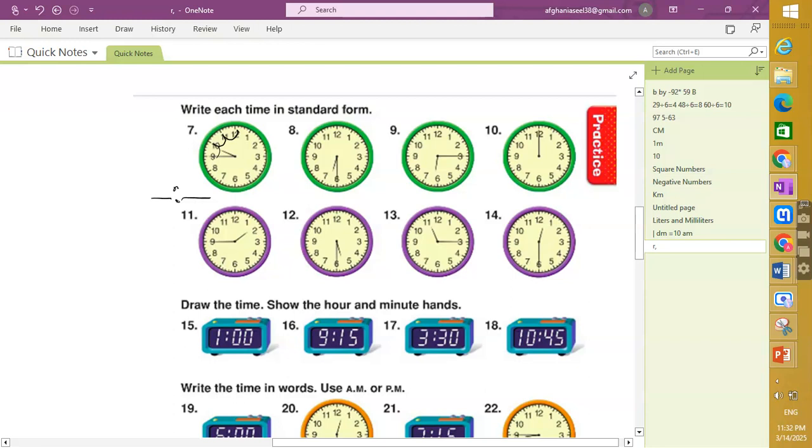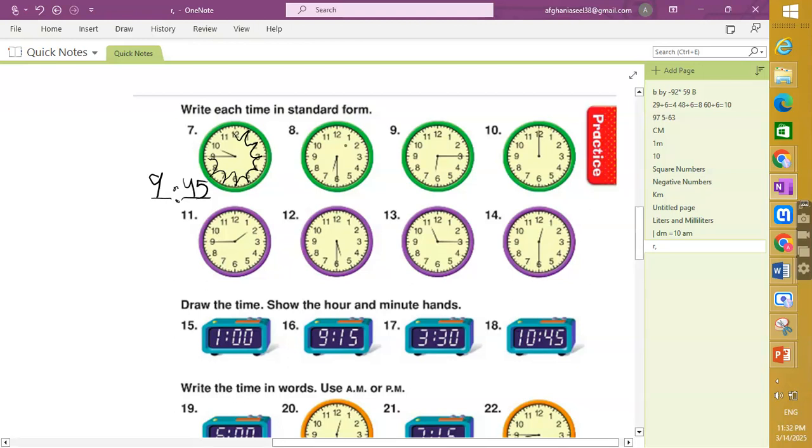So I did not reach 10 o'clock. That means I am on number 9. So the hour is 9. Now, how many minutes do I have? 5, 10, 15, 20, 25, 30, 35, 40, 45. Excellent. So 9:45.